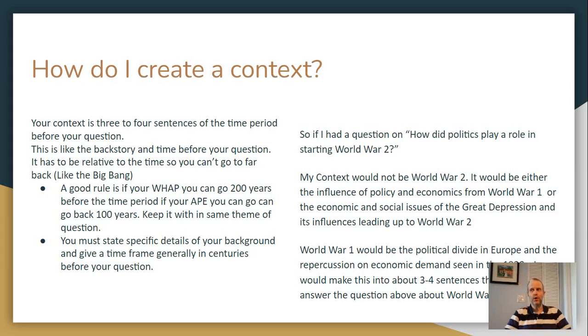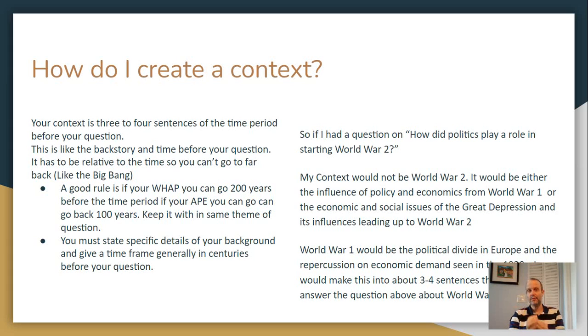Okay, so a contextualization in AP writing is basically 3 to 4 sentences. This is a rule of thumb of a time and place before the question or the prompt they give you on a DBQ, a document-based question, or LEQ, a long essay question on the AP exam.